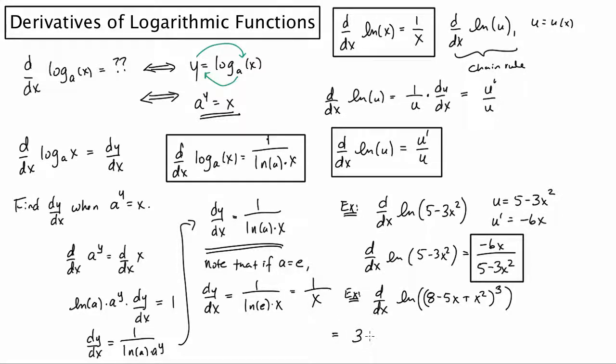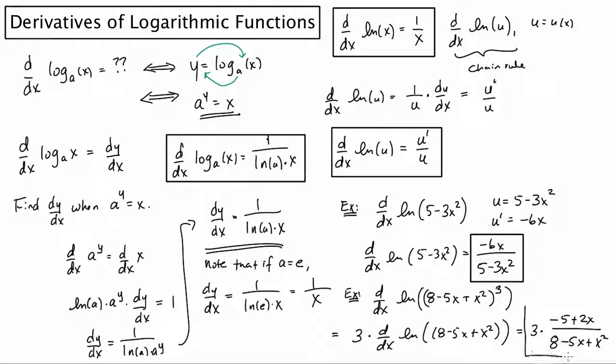So this is asking, what is 3 times the derivative with respect to x of the natural log of just the base? So I just use the property of logs to factor the 3 out because it's a power inside the log. And so now I can easily take the derivative just like I did above. The derivative of the inside is negative 5 plus 2x, and divided by the inside gives us this for the derivative in that case.